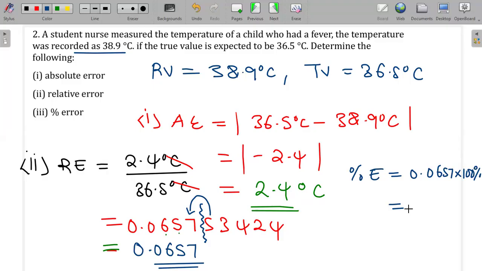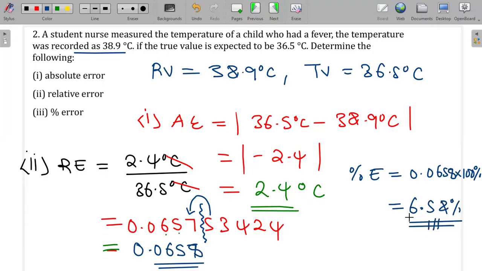It's going to be 6 point, oh, I forgot to add the 1 here. This is 8, because this is 5, so add the 1 there. So even this one is 8. It's going to be 6.58%. So this will be my percentage error.